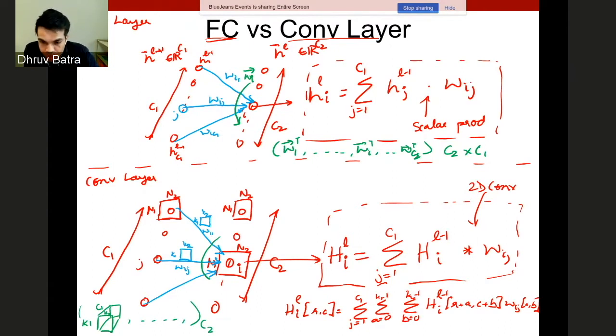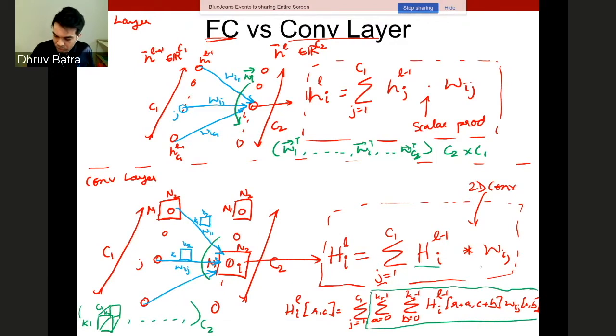Let me take a question. Since the convolutions are just dot products, we will have to unroll them somehow to get something similar to an FC layer. The tricky part seems to be the fact that every input doesn't contribute to every output. So notice that this operation right here, I've already expanded out as a convolution.